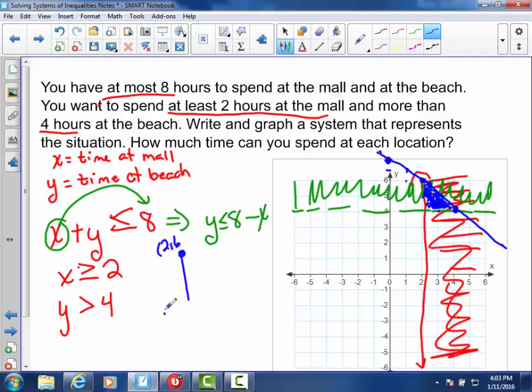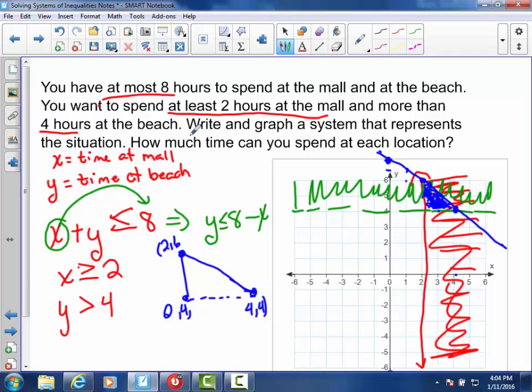Then we go down to 2, 4, and we're coming out to 4, 4. Okay, and I need to go back. This line should actually be dashed, right? And the other lines are solid.